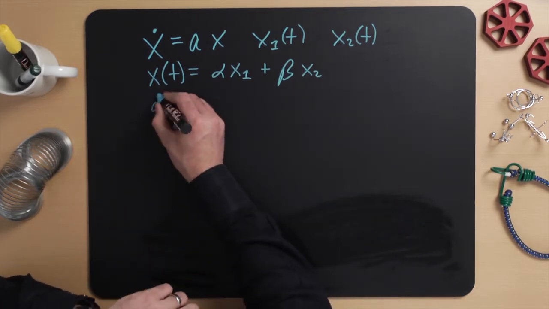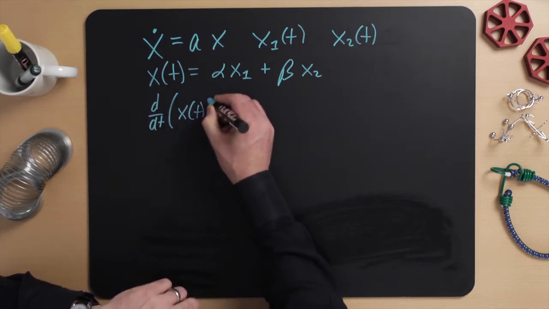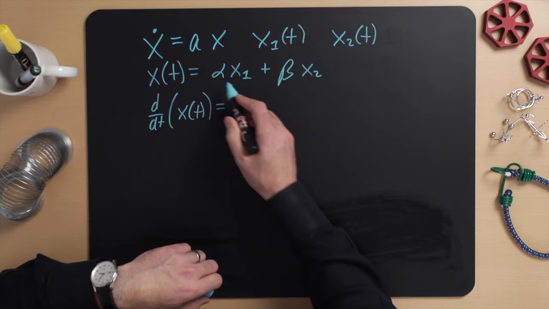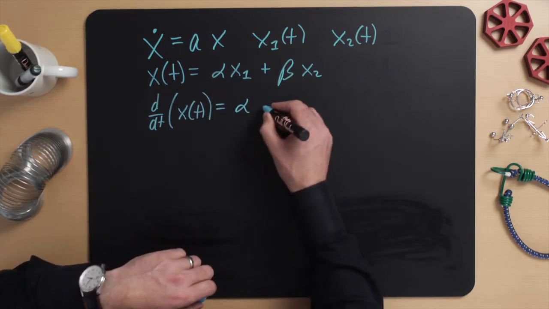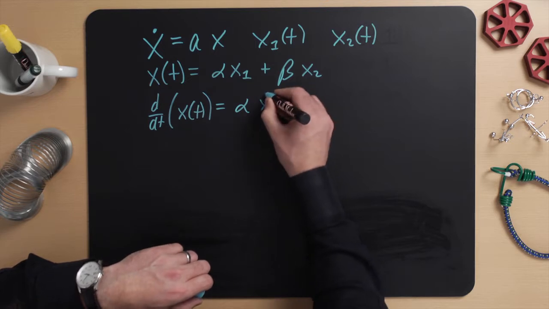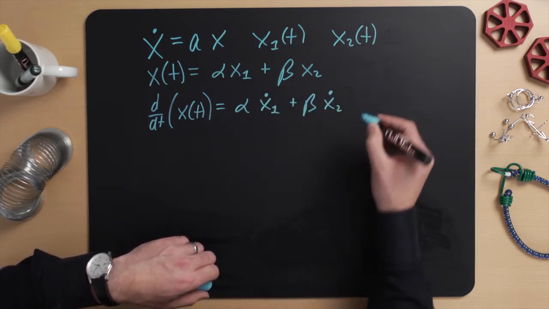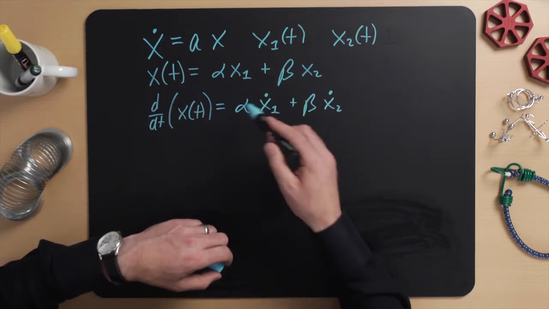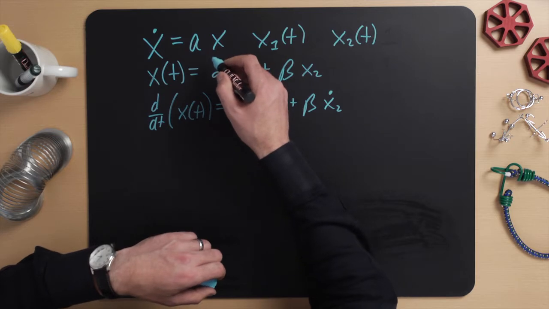So we have to look at d dt of x of t, which is d dt of this expression, but we know that alpha and beta are both constant, so that's equal to alpha x1 dot plus beta x2 dot. And we know that x1 dot is equal to a times x1, and x2 dot is equal to a times x2.